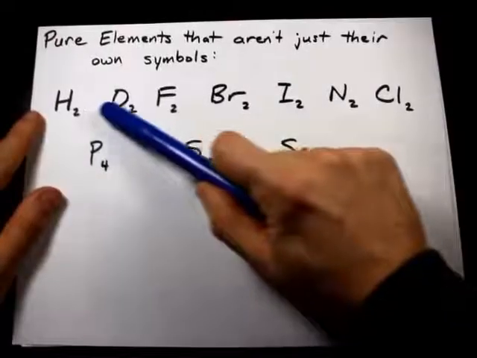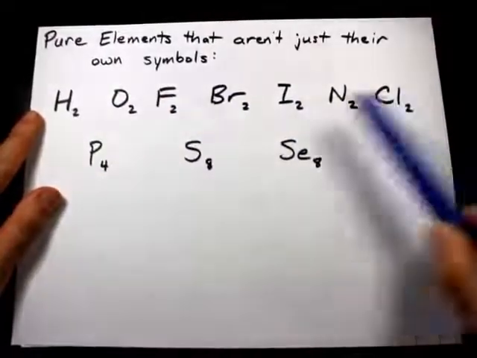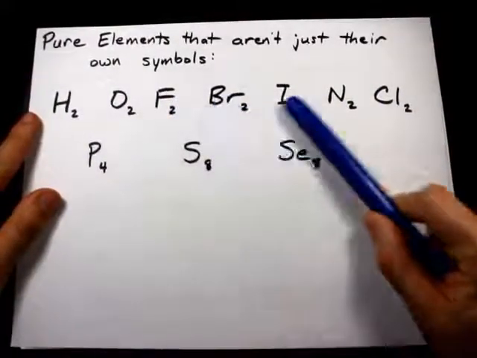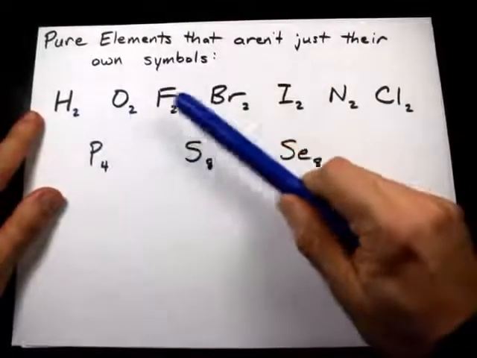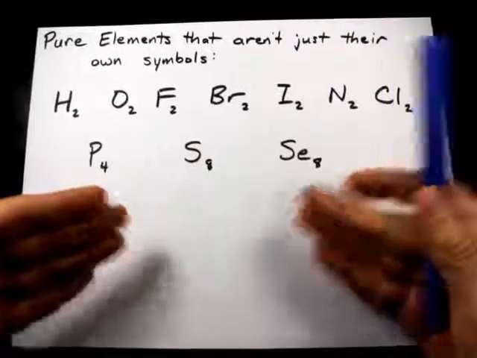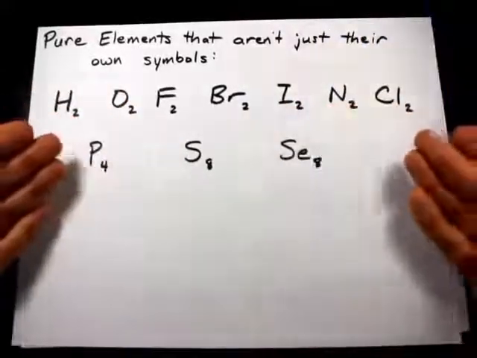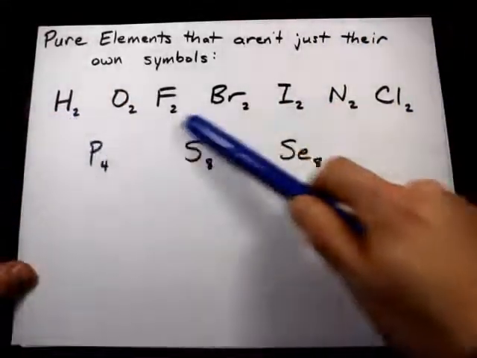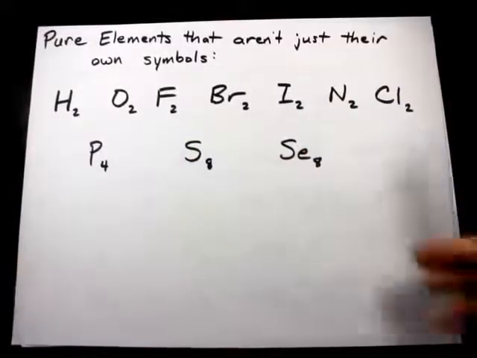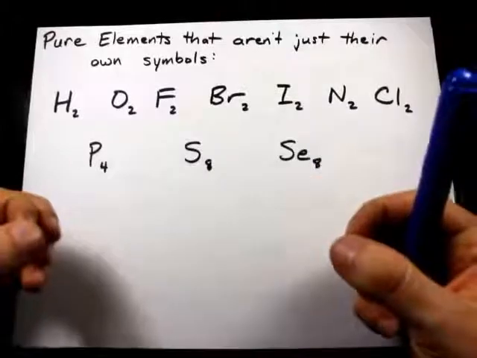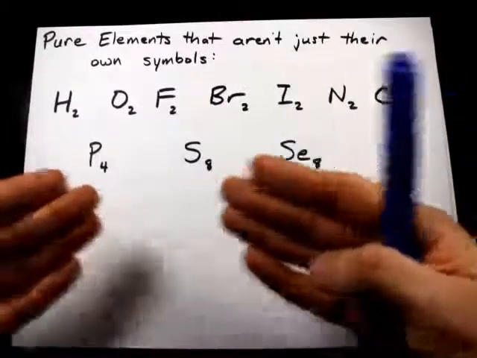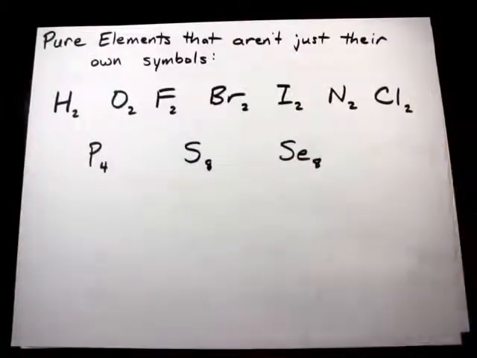All of the elements in this row that I've listed for you, and it spells Hofbrinkel, if your teacher taught it to you that way, have a little 2 underneath. That's simply because the pure elemental form of those elements is a diatomic molecule. It's very rare to see a Cl atom on its own in nature. Cl, in its pure form, prefers to be Cl2.